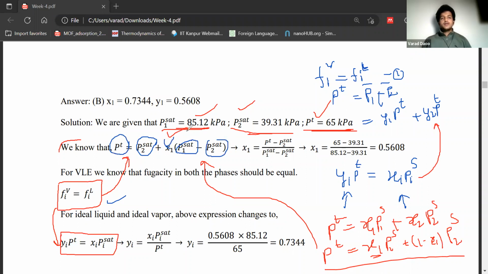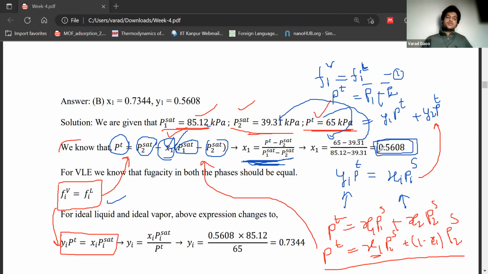So clearly we can find the mole fraction of the more volatile component in the liquid. After rearranging, you'll be getting this expression. You put Pt equal to 65, P2s is this, P1s is this. You end up with x1 equal to 0.560.